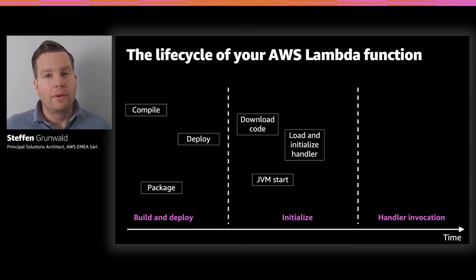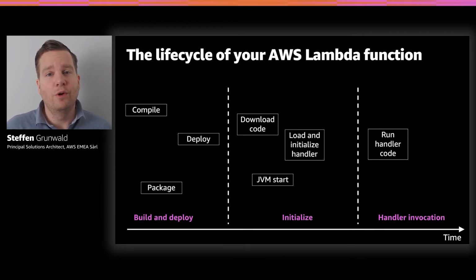The second phase I want to look at is runtime. When an event hits Lambda for your function, Lambda creates an execution context, it downloads your code, it starts the JVM, and it also loads your handler from the downloaded code. And in a third step at runtime, your handler is invoked with the event which came in.